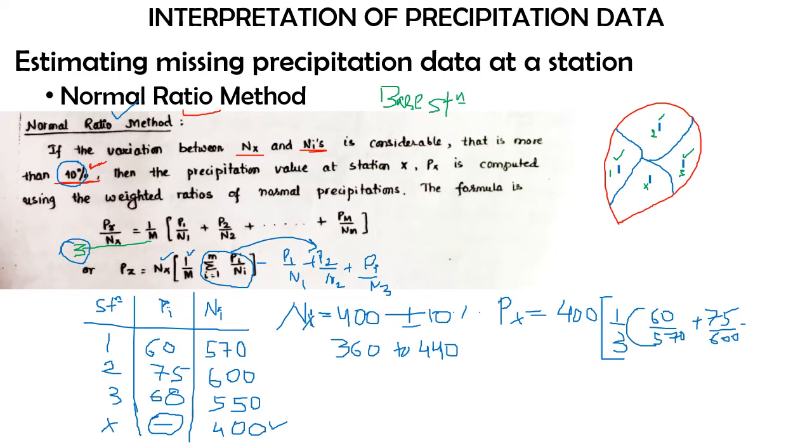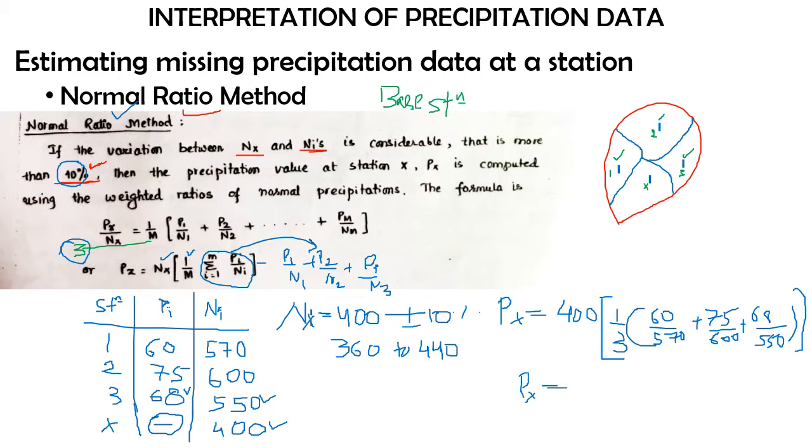And similarly, the last one we have is 68 divided by 550. So this is nothing but the entire formula. Now, once you solve this equation, you are going to get the value of Px.